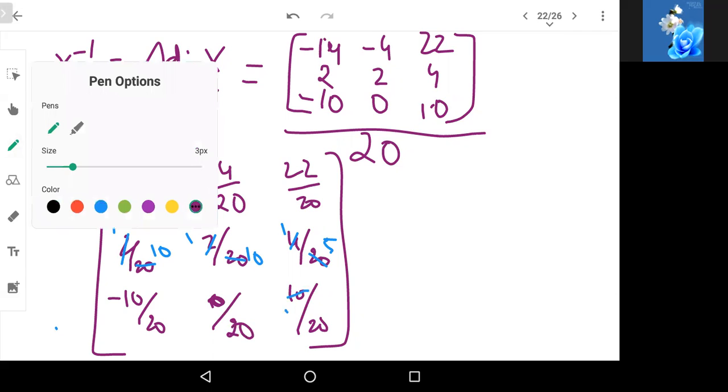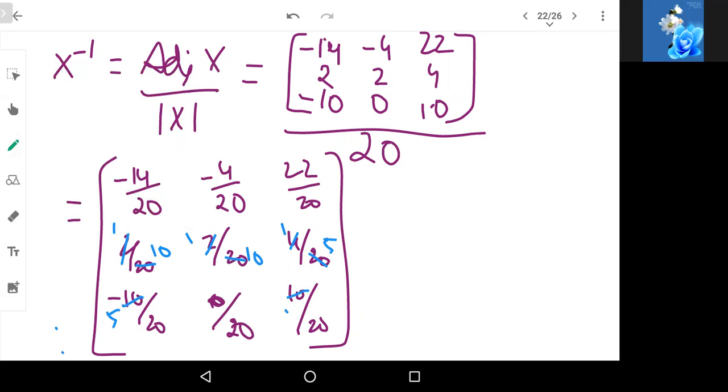Apart from that, 2 fives are 10, 2 tens are 20, 2 ones are 2, 2 twos are 4. Then again 2 fives are 10, 2 tens are 20, 5 ones are 5, 5 twos are 10. Then 2 sevens are 14, 2 tens are 20. 2 twos are 4, 2 tens are 20. Again 2 ones are 2, 2 fives are 10. 2 elevens are 22, 2 tens are 20.